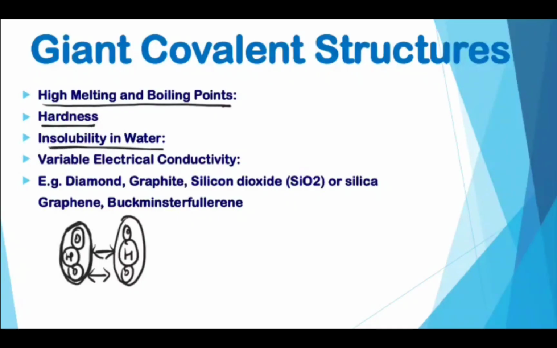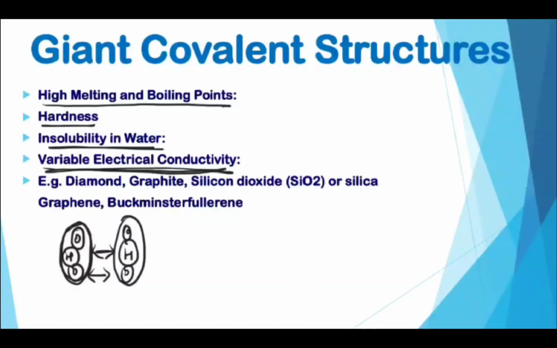However, they are insoluble in water as well. Take some sulfur powder and try dissolving it into water. It will not get dissolved. Electrical conductivity is variable, there are exceptions, but normally they are not good conductors of electricity.